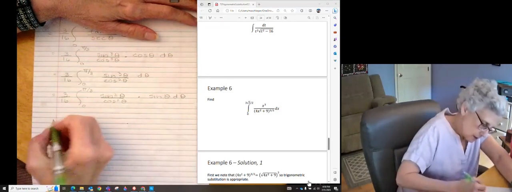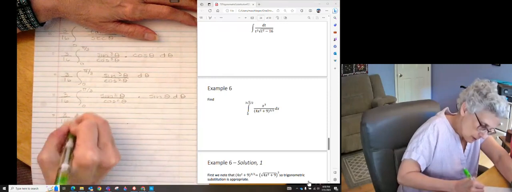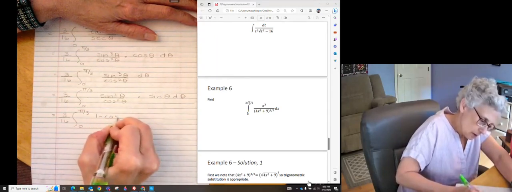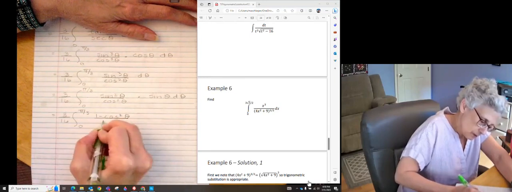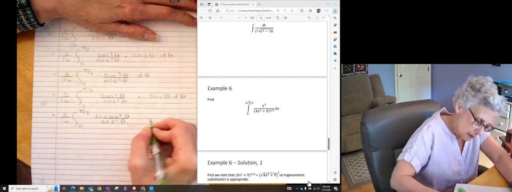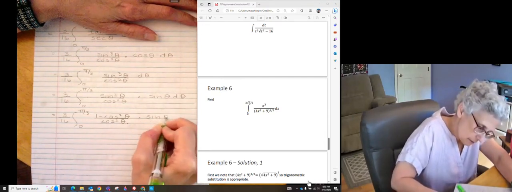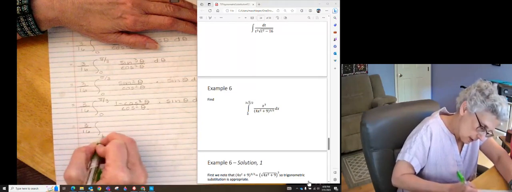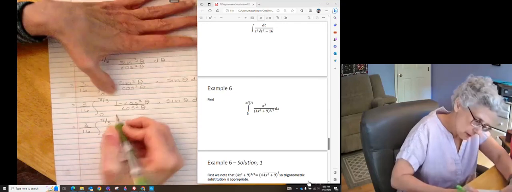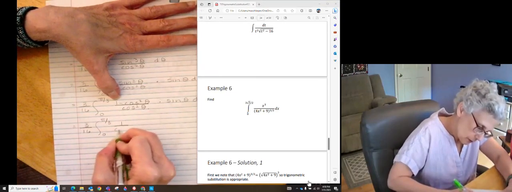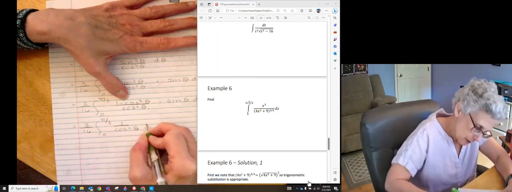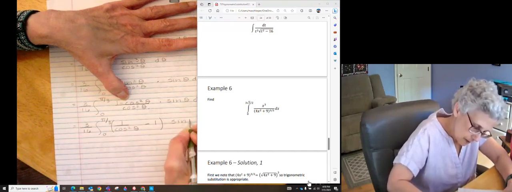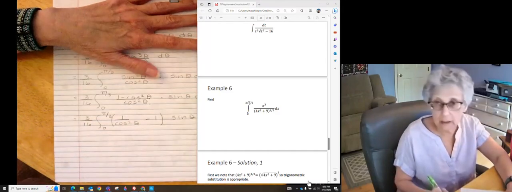Now I'm going to use my Pythagorean identity. 3 over 16, integral from 0 to pi over 3, 1 minus cosine squared of theta over cosine squared of theta times sine of theta d theta. This is 1 over cosine squared of theta minus cosine over cosine, which is 1, sine of theta d theta.